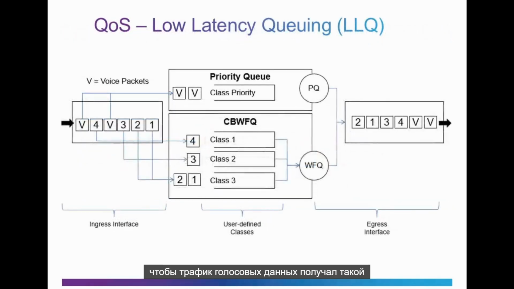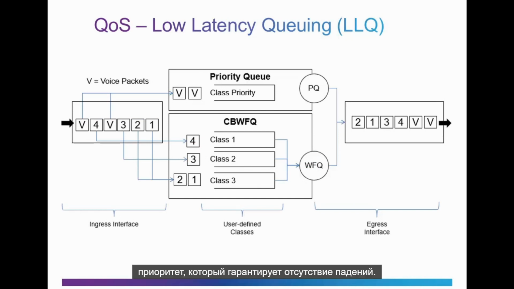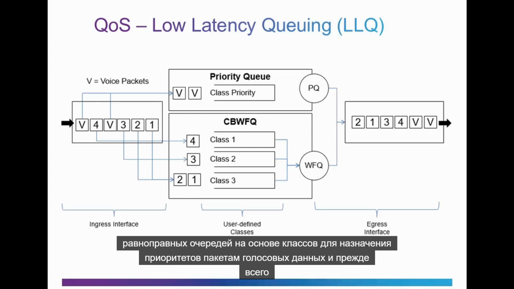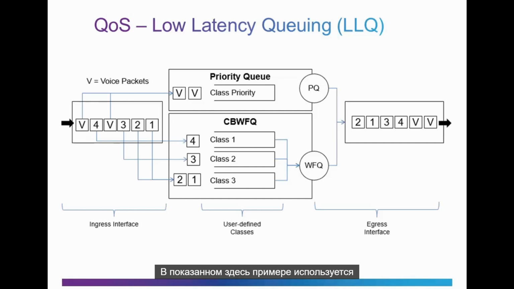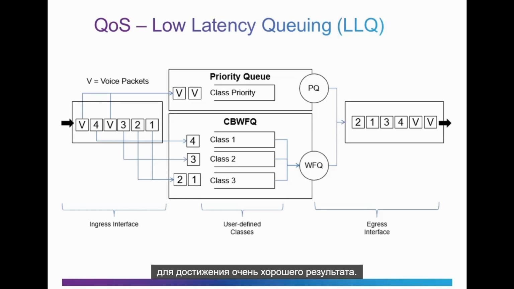In order to guarantee that voice traffic is prioritized to the point where there's no drop-offs, low latency queuing can be used with class-based weighted fair queuing to prioritize voice packets above all else, ensuring that voice calls will not drop off. The example you see here is a combination of low latency queuing, a priority queue, in combination with class-based weighted fair queuing to achieve that very result.